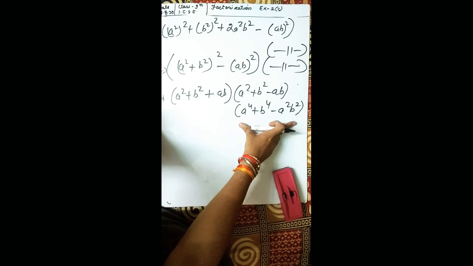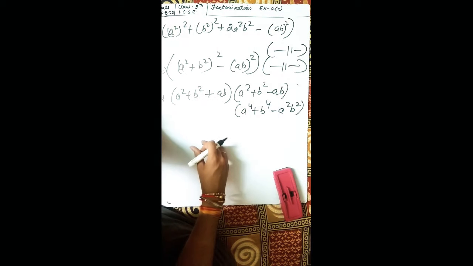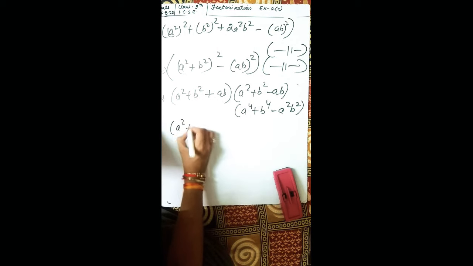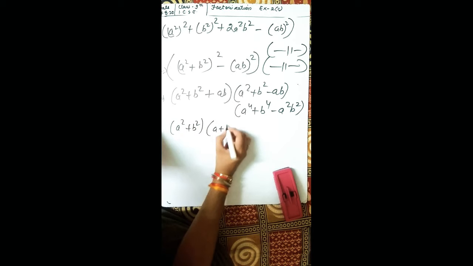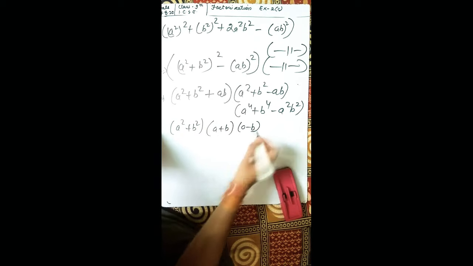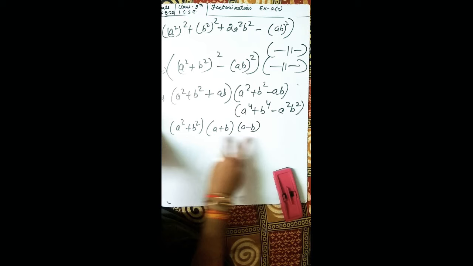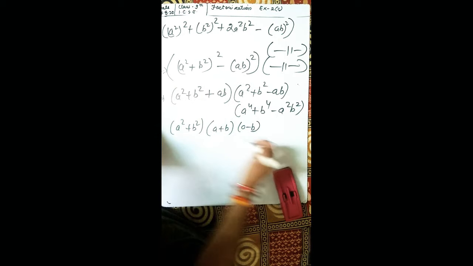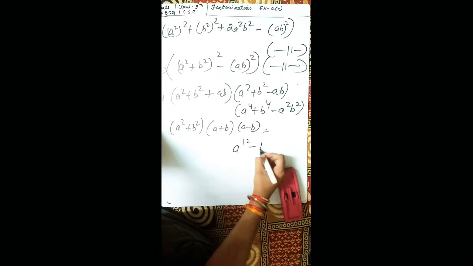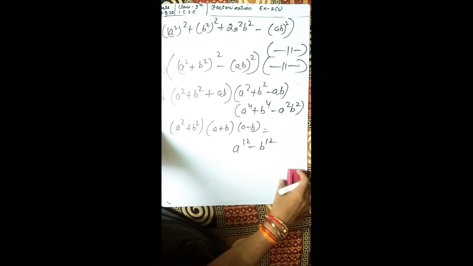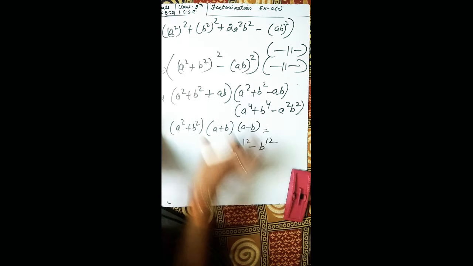And what was the factorization of a to the power 4 minus b to the power 4? That was a square plus b square, a plus b and a minus b. So 1 2 3 4 5 6, the 6 brackets, the answer will be a to the power 12 minus b to the power 12. This is the factorization of this whole.